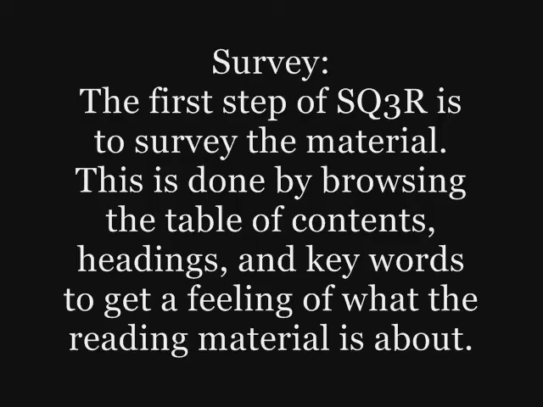The first step of SQ3R is to survey. This means I'm not going to read the chapter, but rather I'm going to survey it. I'm going to look at the titles and headings. I'm going to take note of some of the bold letters and the vocabulary words.